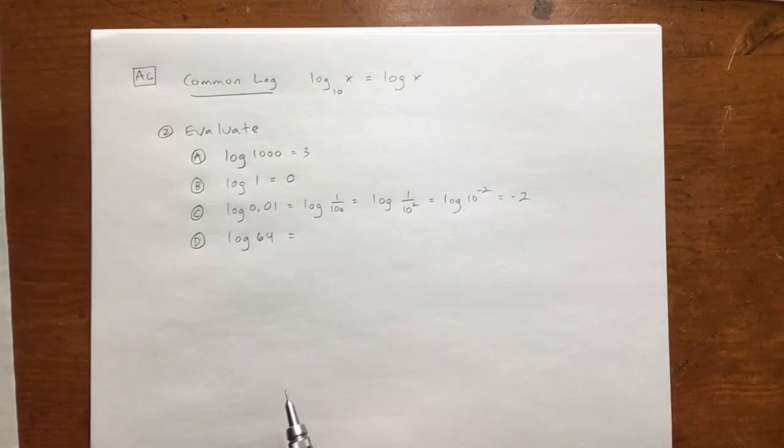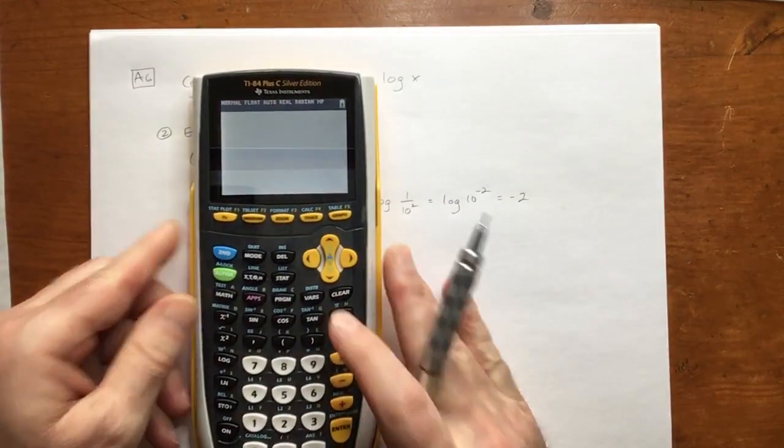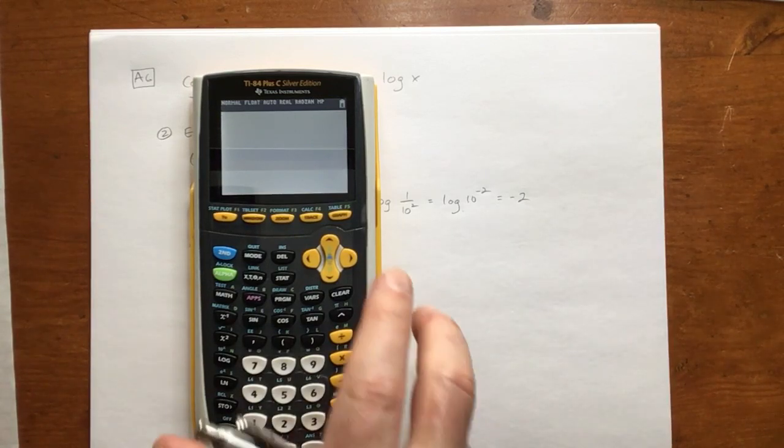Okay, so what we're now going to learn is how to evaluate a logarithm on our calculator. We notice right over here, we have a log button. Since there isn't a base indicated, this must be a common log. So let's go ahead and use our log button for the first time.